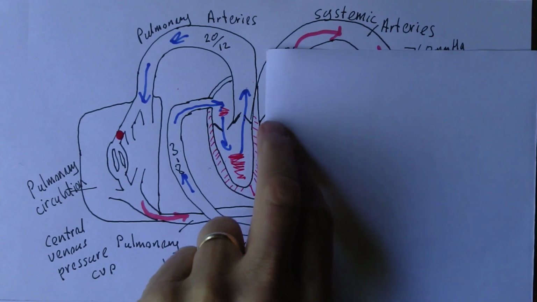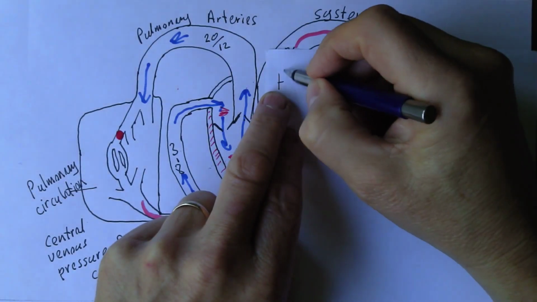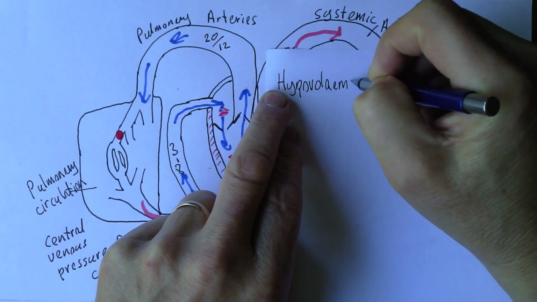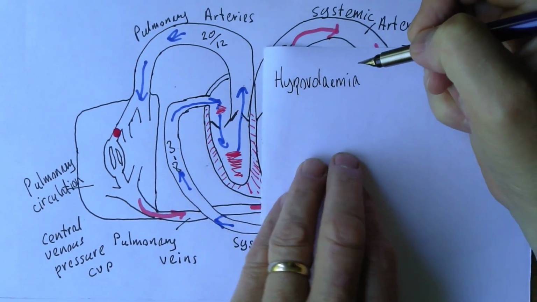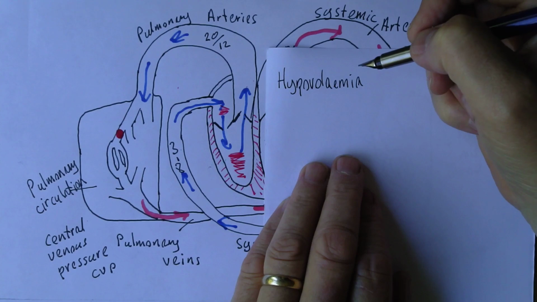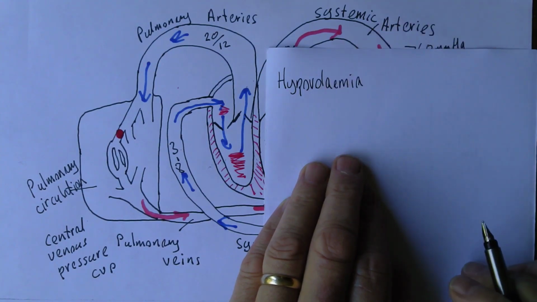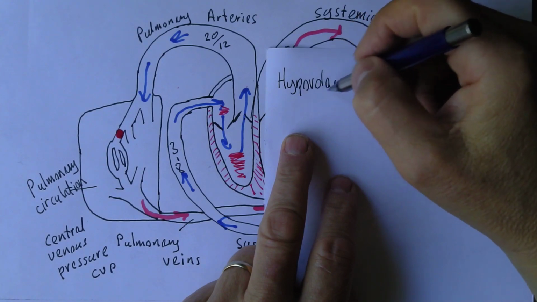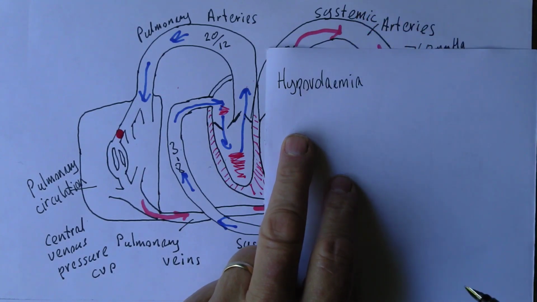And if someone loses a lot of blood, or indeed if they lose fluid of any sort, they're going to eventually become hypovolemic. Low volumes, hypovolemia in the blood.